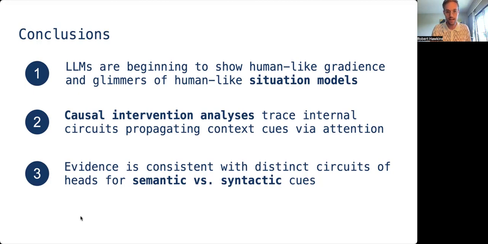And finally, I think there's an exciting piece of evidence here that there are distinct circuits localized in different attention heads that handle semantic information versus syntactic information, which may suggest that these are disentangled representations that require different processing, which I think has very interesting implications for our cognitive models.